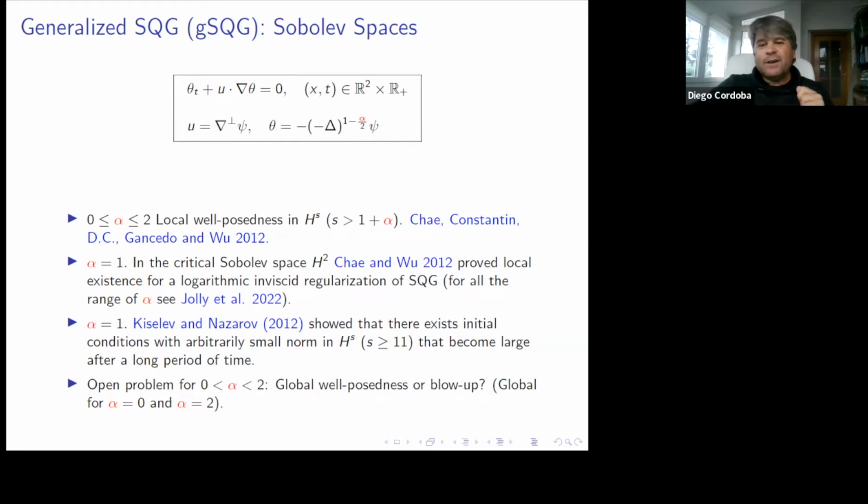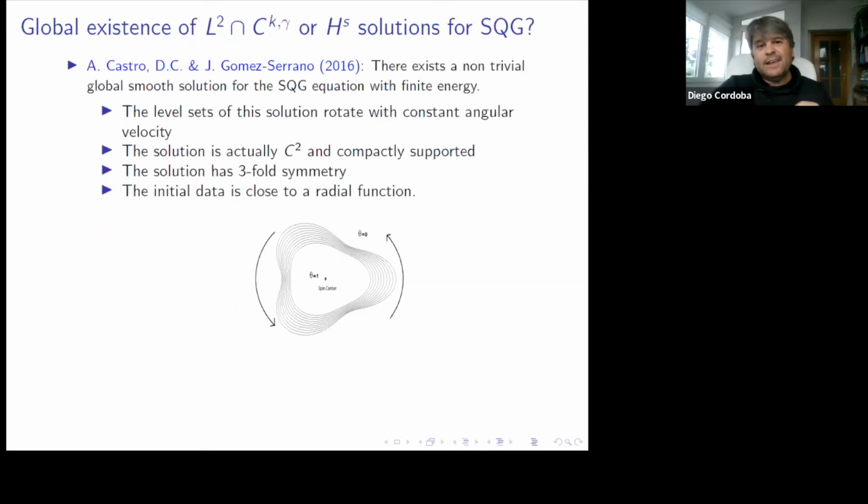So I'm going to show that we can lose regularity, but let me take a parenthesis and mention the previous work we did, where we perturb a radial solution for SQG, and by perturbing a radial solution, we obtain solutions where there's no growth at all. These solutions are perturbations of radial. These solutions are C^2, and they have some symmetry: threefold symmetry.